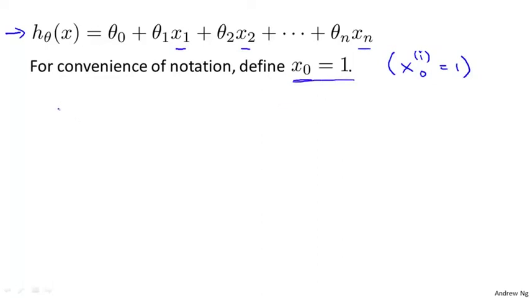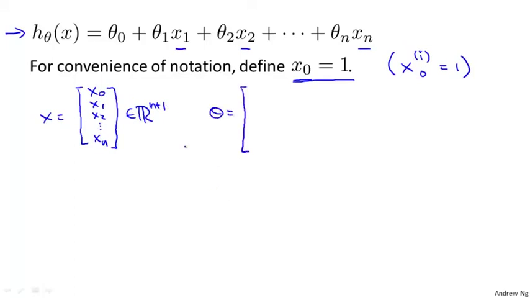So now my feature vector x becomes this n plus 1 dimensional vector that is 0 indexed. So this is now an n plus 1 dimensional feature vector, but I'm going to index it from 0. And I'm also going to think of my parameters as a vector.